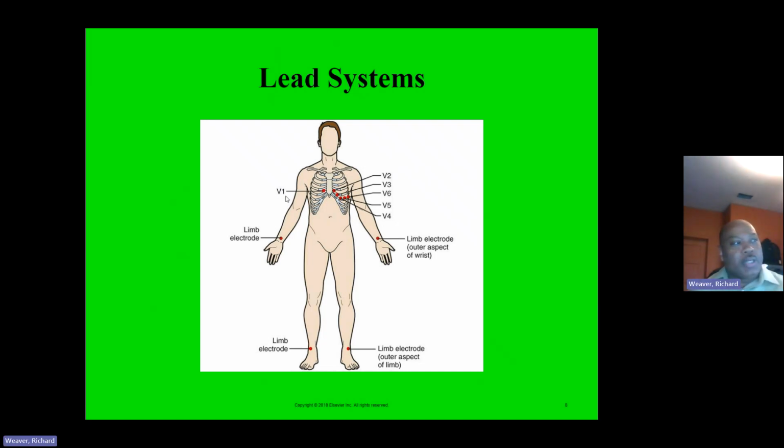And basically, as you look at these different leads, V1 through V6, all that's basically happening is that these leads and how they are placed, they are looking at the heart at different angles. In other words, you're not just looking at the heart in a frontal view.